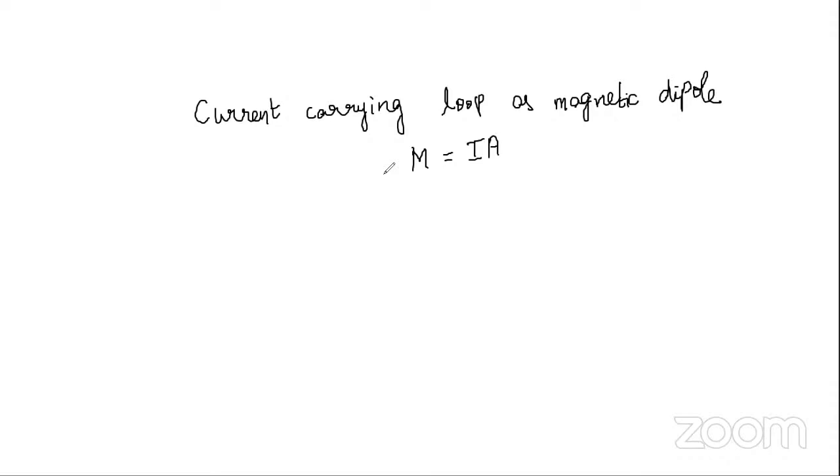When you have N number of turns, then this equation is modified as M equal to NIA. So this is the expression for the magnetic moment.